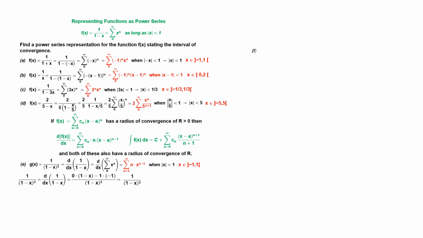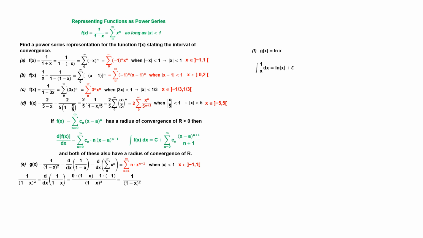Find a power series for the natural logarithm of x. We know that the derivative of ln of x is 1 over x. Hence, the integral of 1 over x is given by the natural logarithm of absolute x, also represented as ln of x.